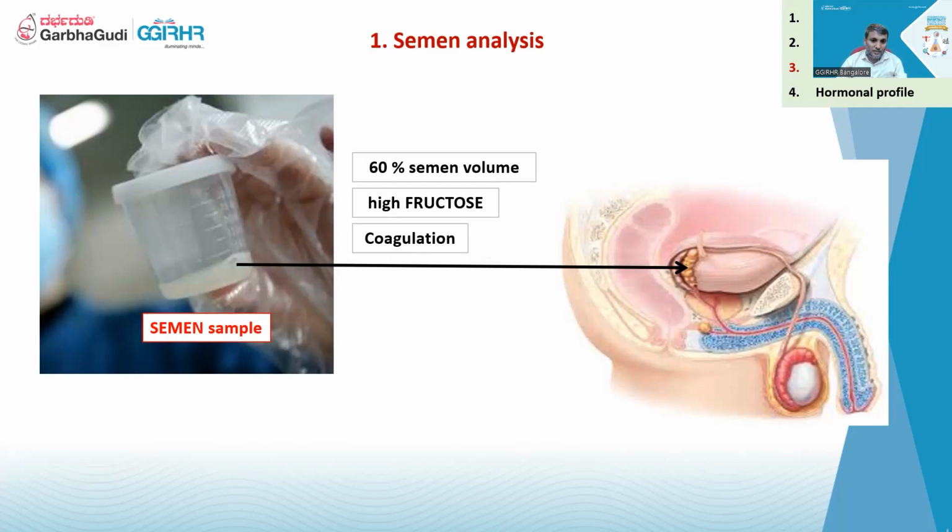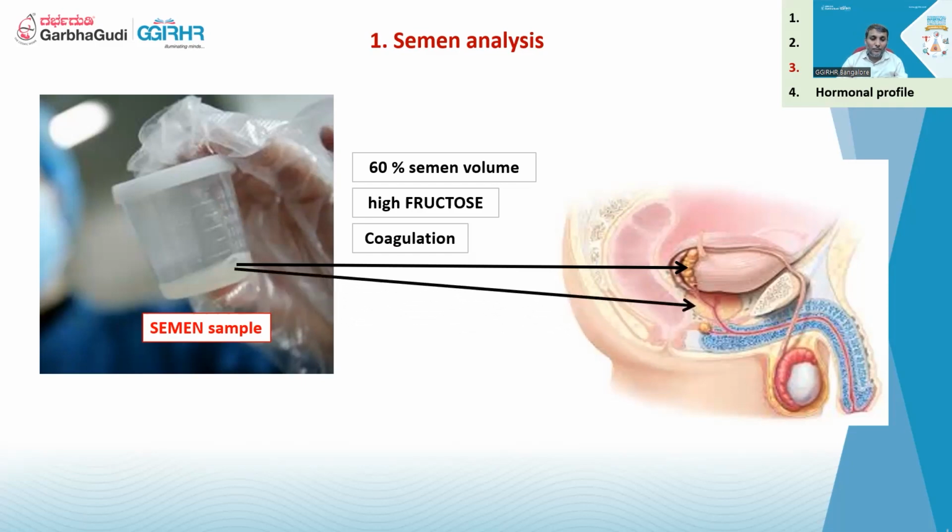It contributes 60% of the seminal volume, so the bulk of the semen is due to the seminal vesicle. Whatever it secretes has high fructose, and the semen sample is in a clotted, coagulated form. This coagulation is due to the seminal vesicle.